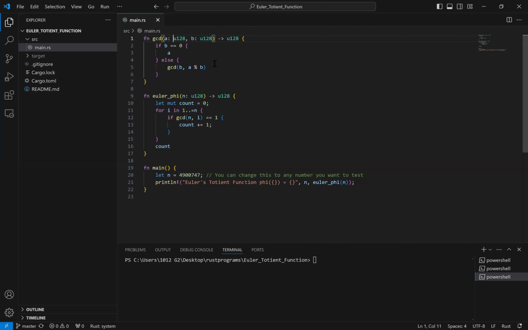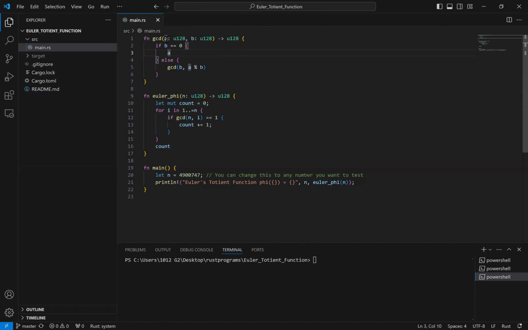If I were interested in negative numbers, it would have been i. But of course, the Euler phi should be a number greater than zero and less than n, so we don't need negative numbers here. We just use u.